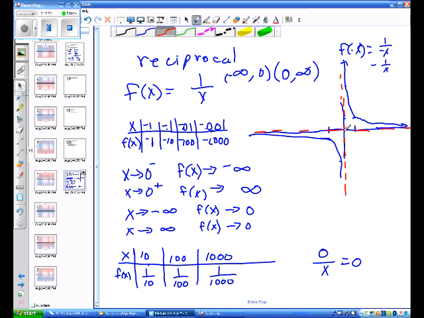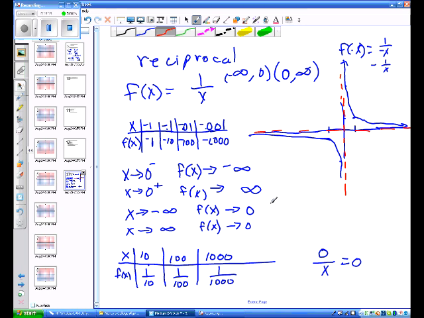Okay, we said when you have a vertical asymptote, your graph is always increasing or decreasing without bound. It's always going to positive or negative infinity. Horizontal asymptotes are always approaching a number, and just a specific number.